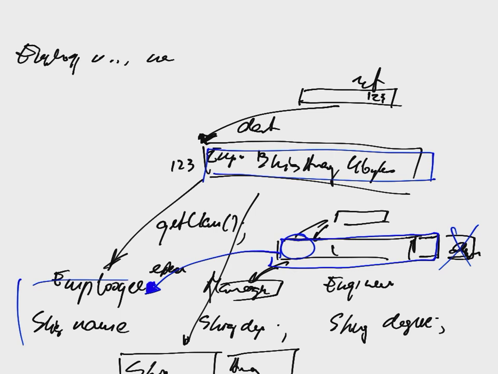But if you cast it back from employee to manager, then you read here and you see that some more data are actually needed to get the name of the department as a string.